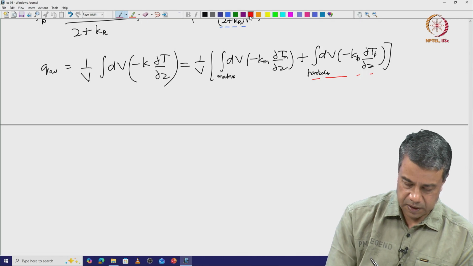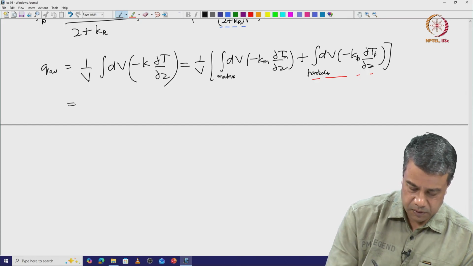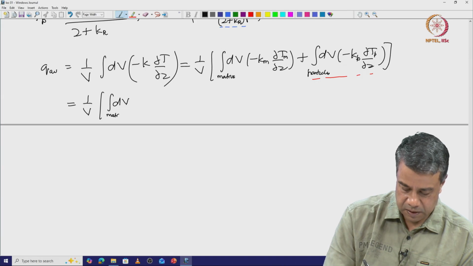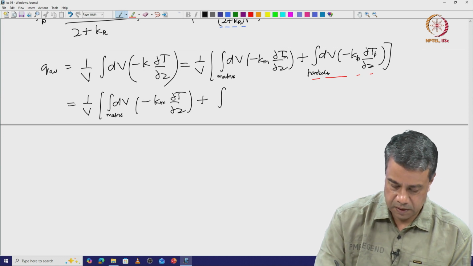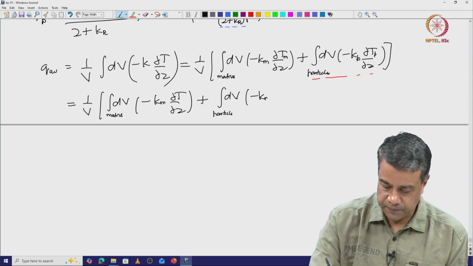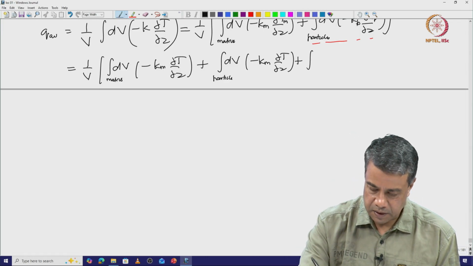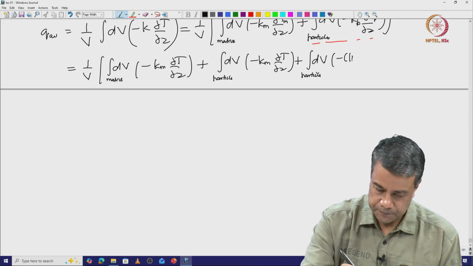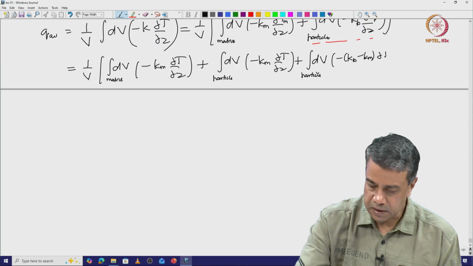I will rewrite it as 1 over V into the integral dV over the matrix of minus Km partial t by partial z, plus the integral over the particles of dV of minus Km partial t by partial z, plus the integral over the particles of dV of minus of Kp minus Km, partial t by partial z.